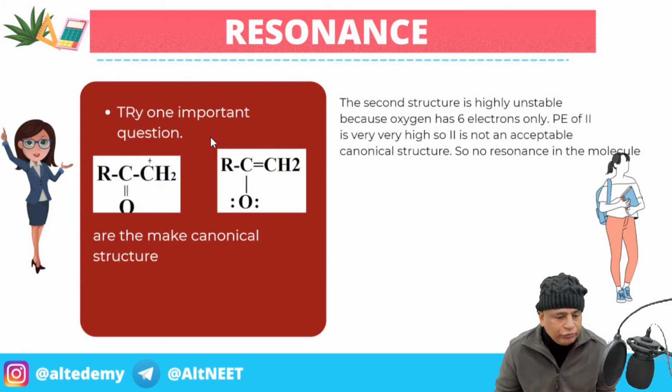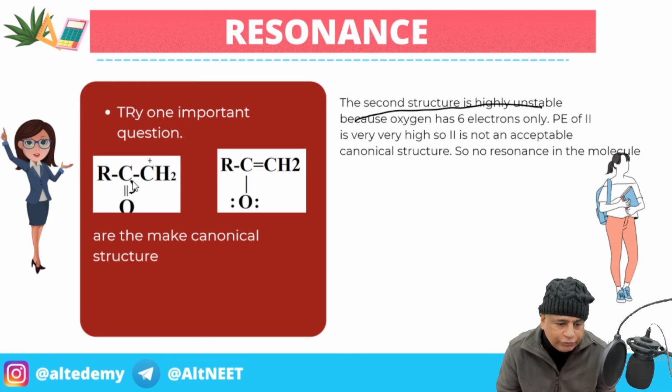Let us try one more very important question. We have drawn these two structures, RCOCH2 plus and RCOCH2 with a double bond. Do they make canonical structures? Again, as I would like to remind you, the second structure is highly unstable. What has happened, you can clearly understand.